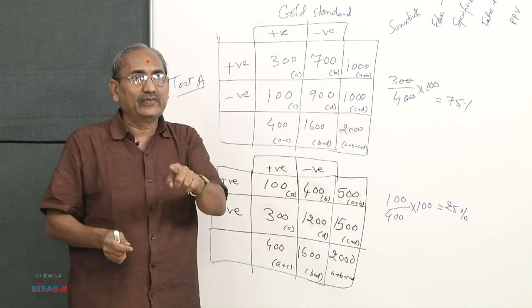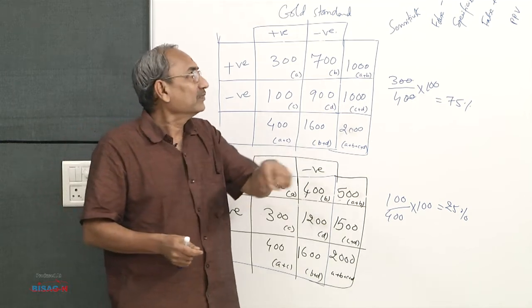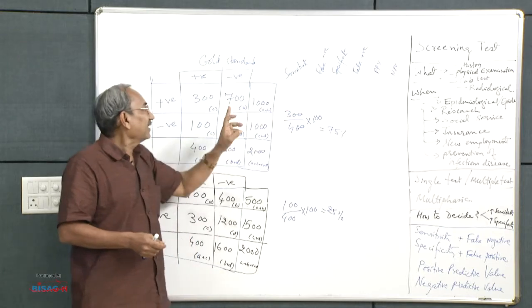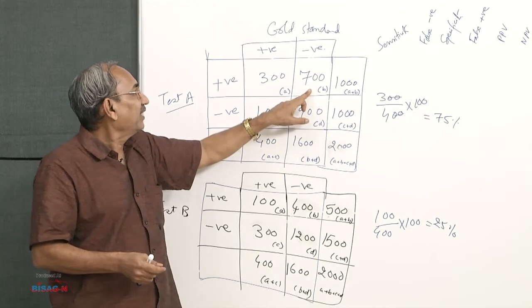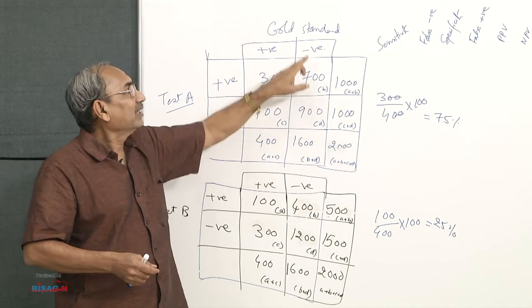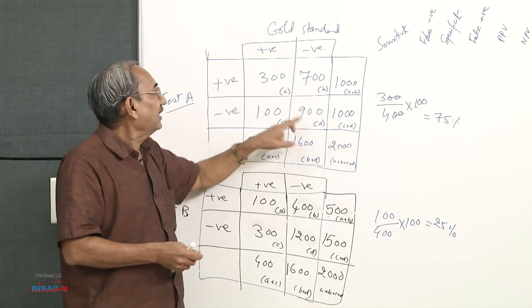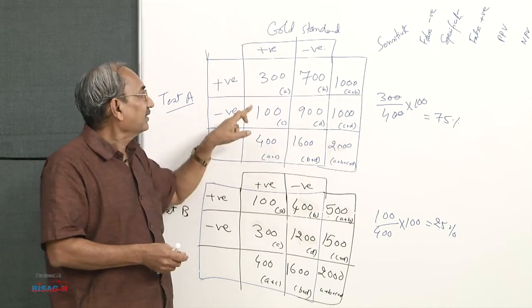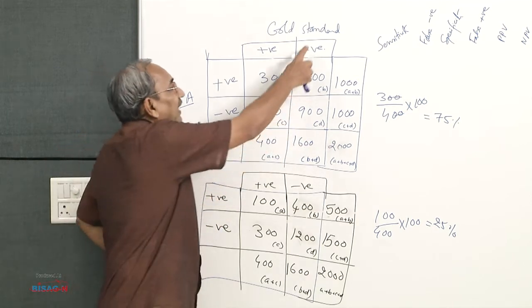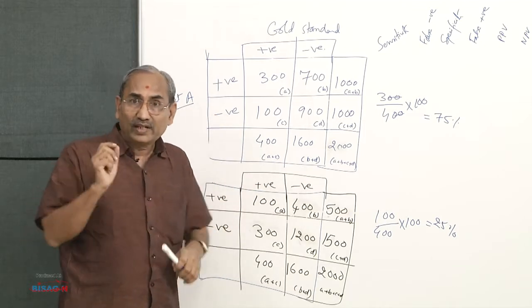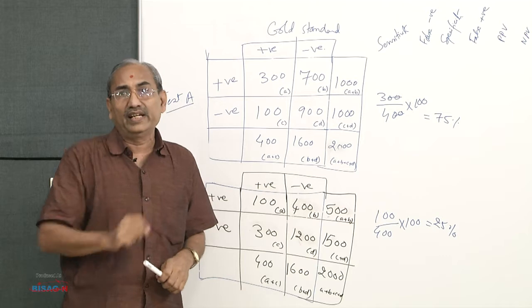Along with the sensitivity, we should look at false negative. In this case you can see 700 are negative, in this case 900 are negative, here it is 100 negative. But what is labeled as false negative?